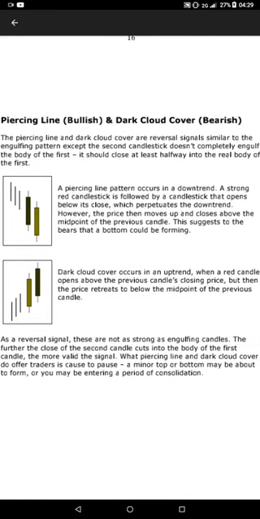However, the price then moves up and closes above the midpoint of the previous candle. This suggests to the bearish, yes guys, to the bearish that a bottom could be forming.